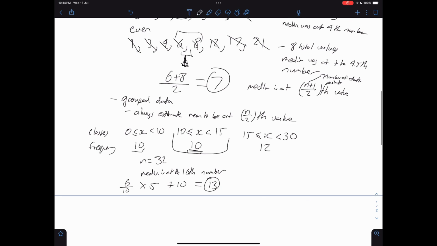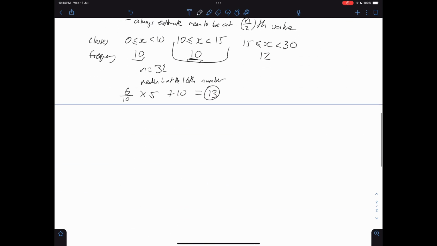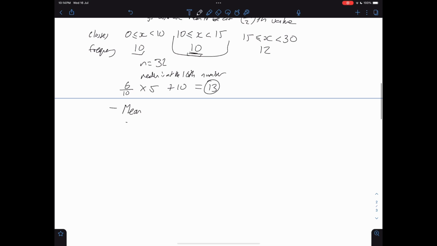And now the third measure of central tendency is the mean. This is the most commonly understood average. This is when you take the sum of all values divided by the number of values. You may see this as sum of x over n, and you write it as x bar.